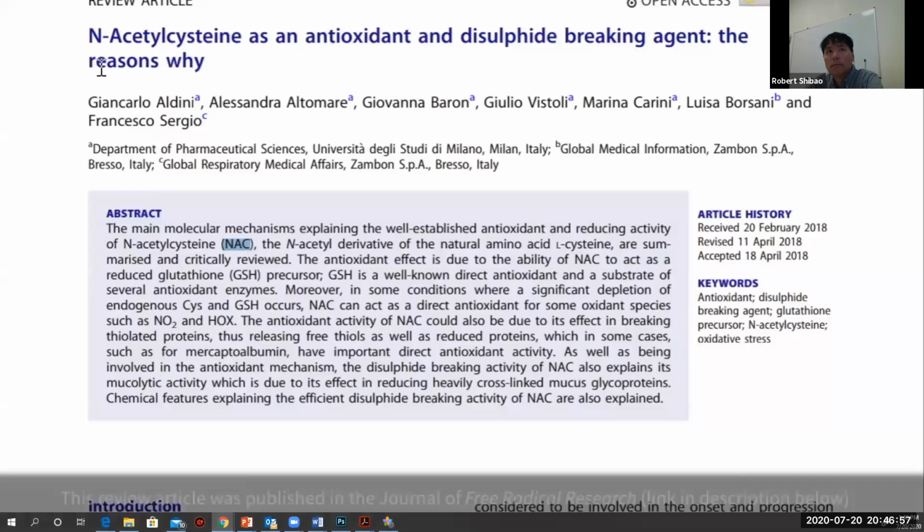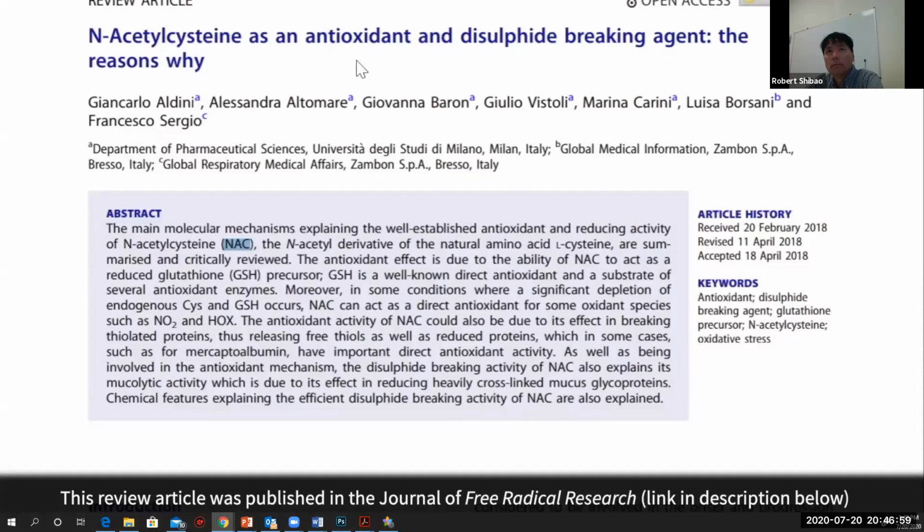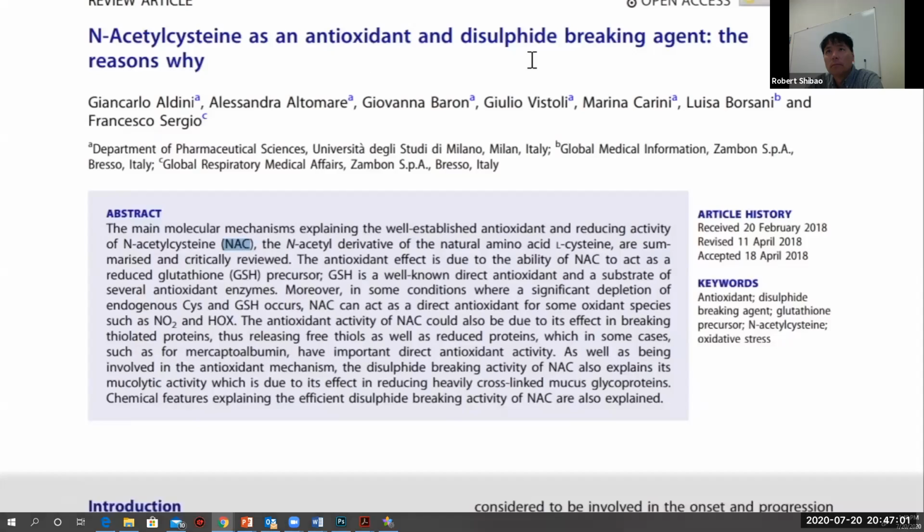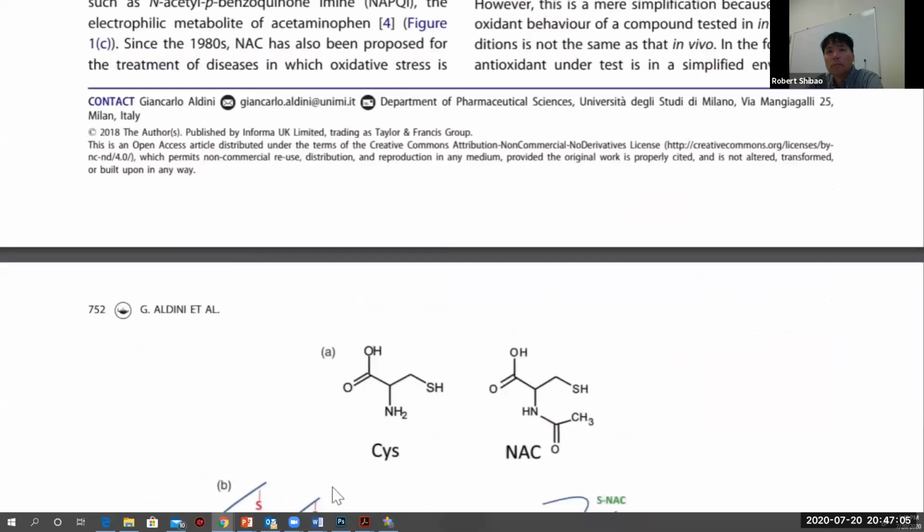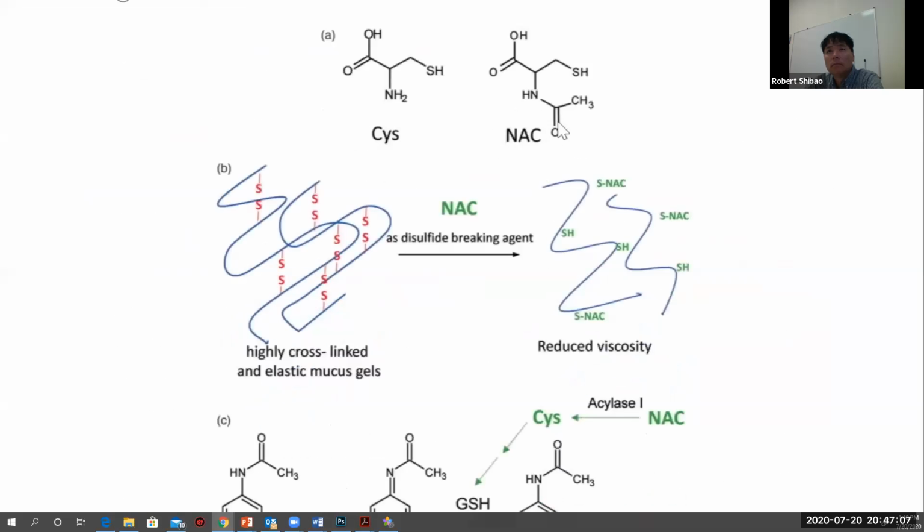As you can see, N-acetylcysteine is both an antioxidant and a disulfide breaking agent. And here's the reason why. You can see very clearly the fact that NAC has a sulfur bound to a hydrogen, meaning it's a reducing agent. And it looks very similar to cysteine, its amino acid, except it has an acetyl group bound to the nitrogen.